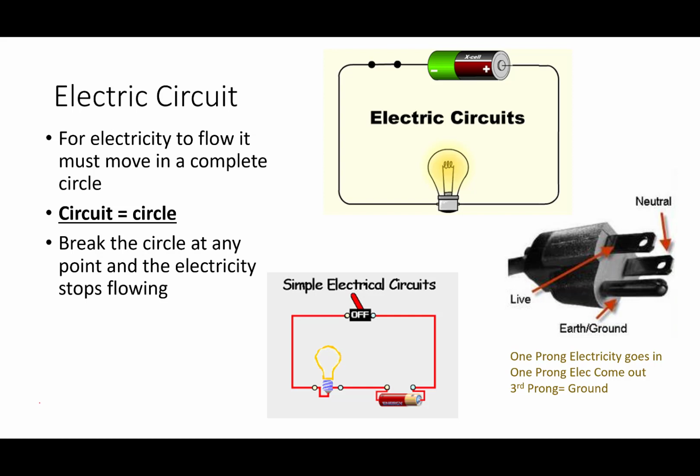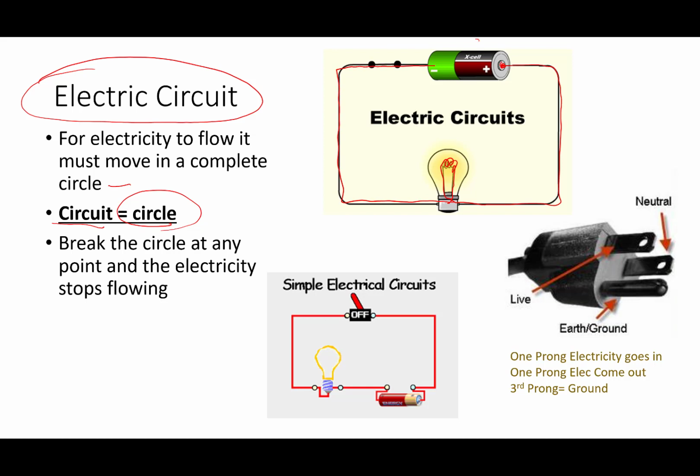In order for electricity to flow in a circuit, it has to complete a complete circle. The word circuit comes from the term circle. Electricity has to move in a complete path in order for it to flow. There's got to be a source for the electricity, the charge to come out of the source, go all the way around, go through the gizmo or device that it is trying to operate, come back out, back to the power source.